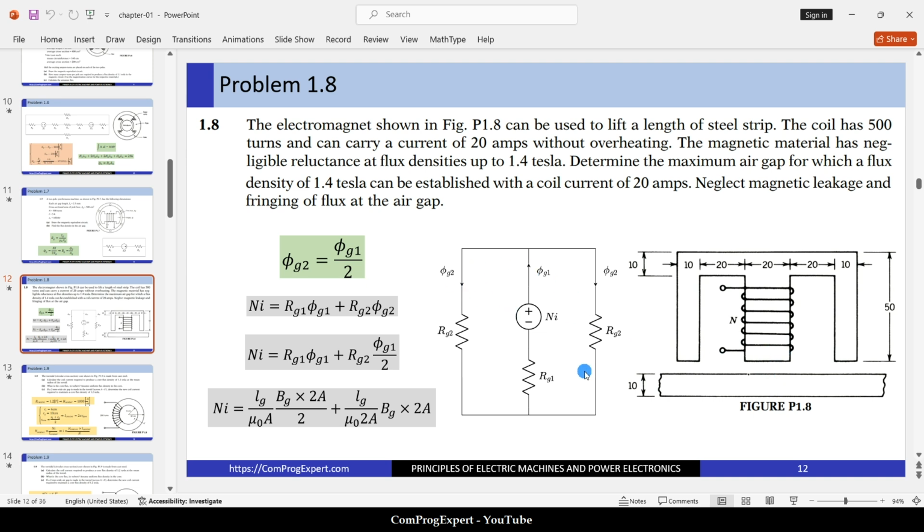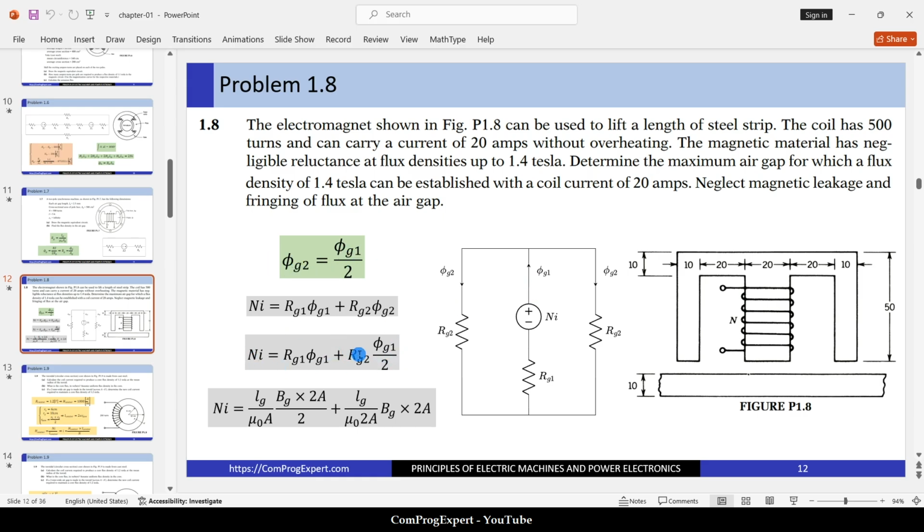According to this magnetic equivalent circuit, we can write Ni is equal to R gap 1 phi gap 1 plus R gap 2 phi gap 2. So phi gap 2 is phi gap 1 divided by 2.